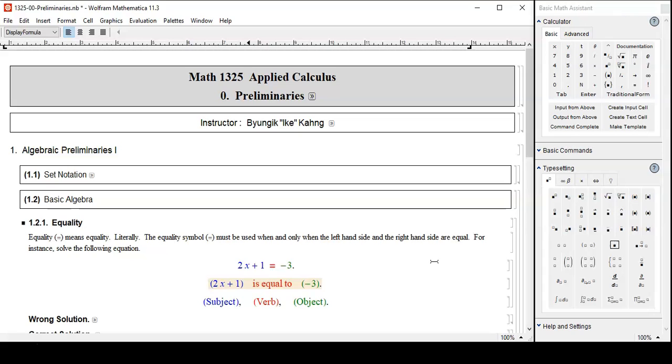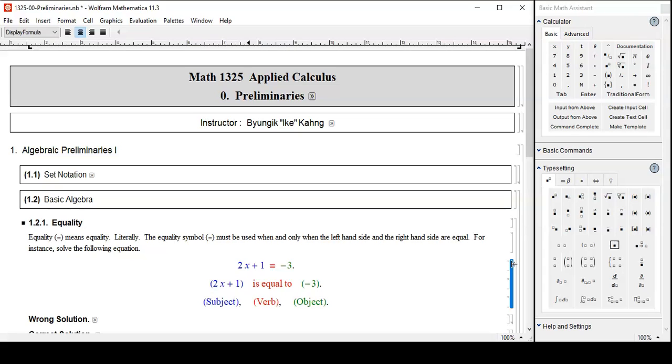If you analyze it further, you'll see that 2x plus 1, that phrase is a subject, is equal to, that's the verb, and -3, that's the object of this original sentence. So what do we have? The left-hand side of this equality sign, that phrase is a subject, the right-hand side is the object, and the verb is the equality sign. So that is another aspect of equality, even more important at this level.